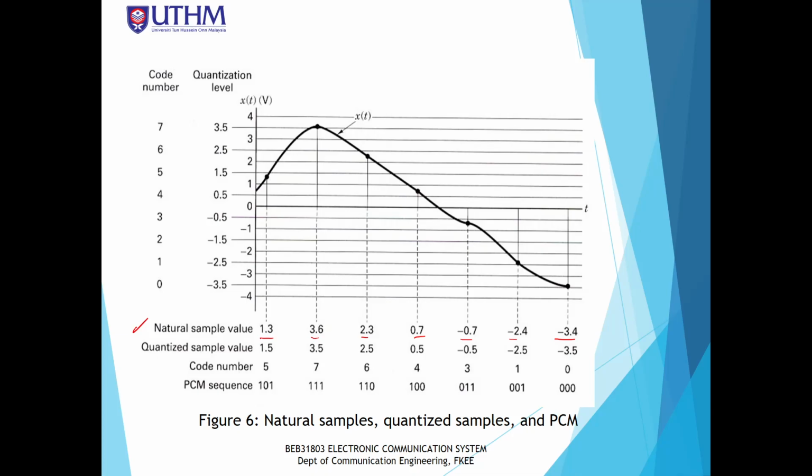The quantized level starts from negative 3.5 until 3.5. So we have 8 different levels, and this is using 3-bit. 3-bit means 2 to the power of 3, we get 8. So the range is between minus 3.5 and 3.5.